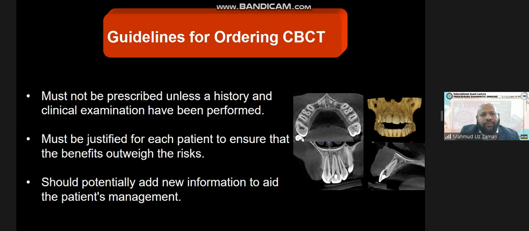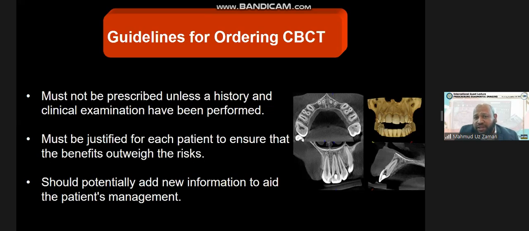Suppose there is an impacted third molar, which is the most common case for ordering the CBCT, which is very near to the sinus floor or almost touching the inferior alveolar nerve.